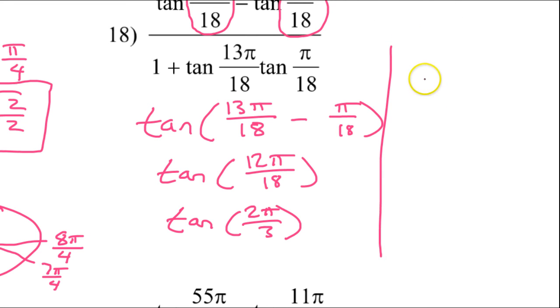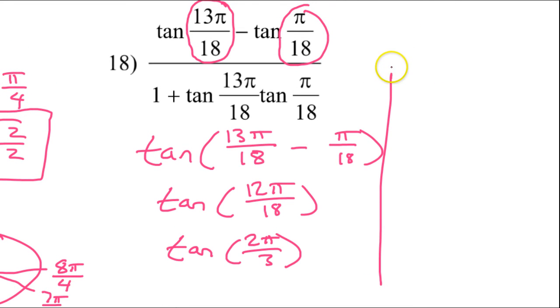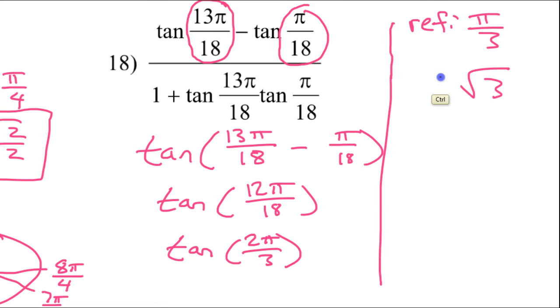Now the reference angle is pi over 3. So when I think about what's the tangent of pi over 3, that's radical 3. Now that's just a reference angle. The tangent of 2 pi over 3, I have to ask myself, is this going to be positive radical 3 or will it be negative radical 3?